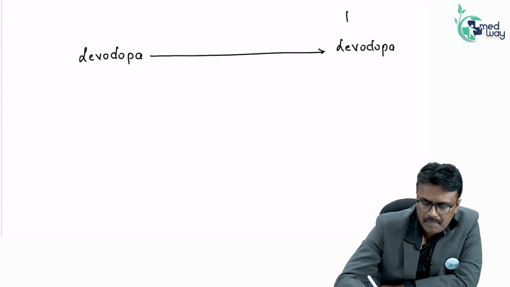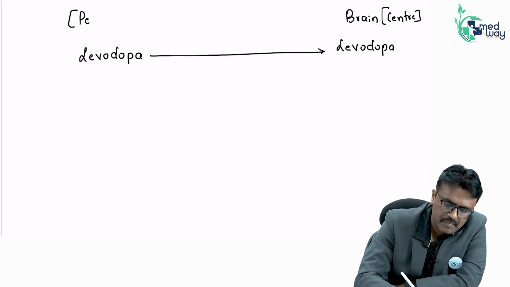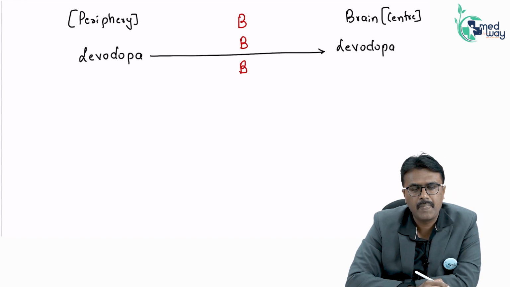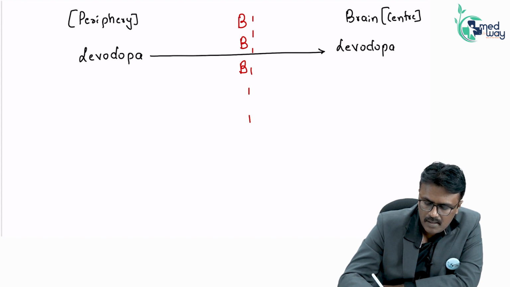So this is the brain, or I can call it the center, and this is the periphery. Why do I use levodopa? Because levodopa can cross the blood-brain barrier. There is a barrier and that barrier can be crossed by levodopa.